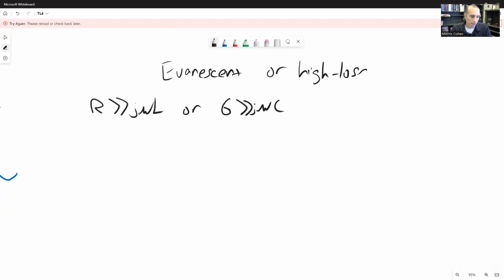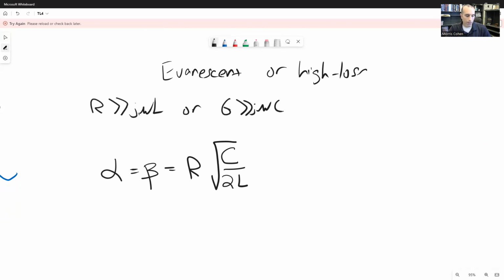All right. In that scenario, it turns out that alpha equals beta, which equals R times the square root of the capacitance per unit length divided by twice the inductance per unit length. They both are equal to the same. All right.